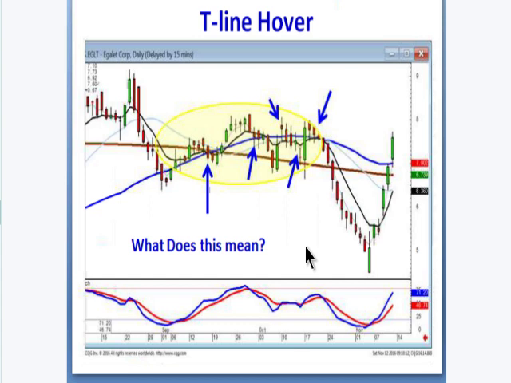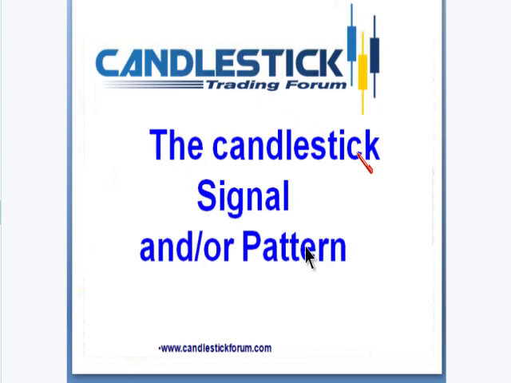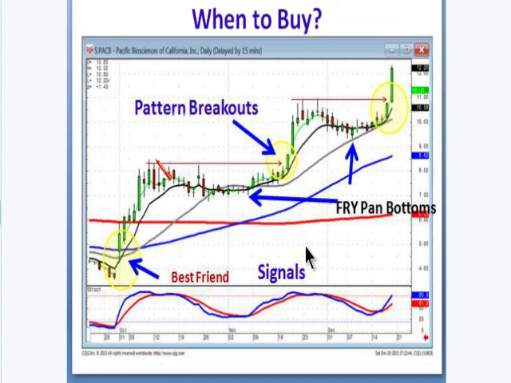All right, so anytime we're looking at something in candlestick analysis, what is the most important analytical factor? The candlestick signal and or the pattern. That's the whole purpose of candlestick analysis. Then we can start adding other indicators like our best friend signal, our T-line acting as support for a fry pan bottom.